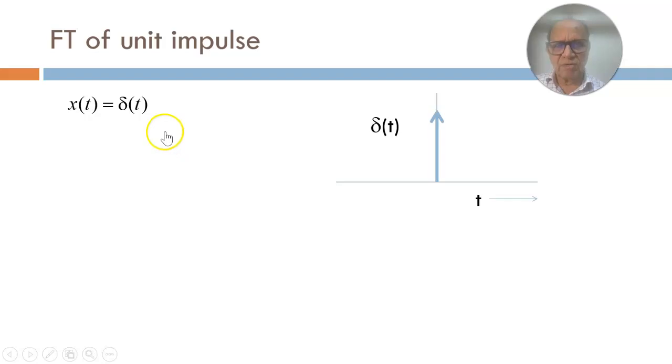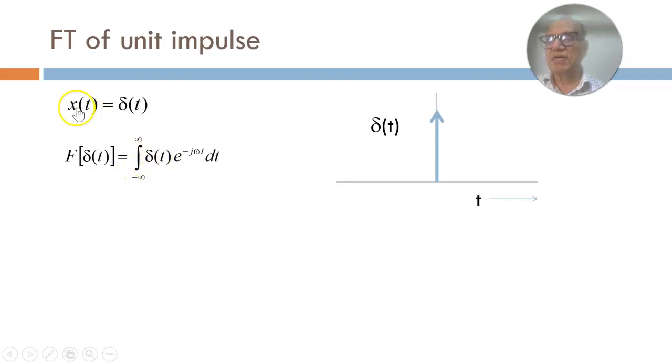This is something we have studied before. But what we want to do now is to obtain the Fourier transform of this unit impulse. So we substitute in our equation. Fourier transform of delta(t) is the integral from minus infinity to plus infinity of delta(t) e raised to minus j omega t dt. Note that for x(t), we substitute delta(t). Now the impulse function has a property that if you multiply the unit impulse by some function of time and then integrate the product, what you extract is the function of time evaluated at t equal to 0, which we call f(0).